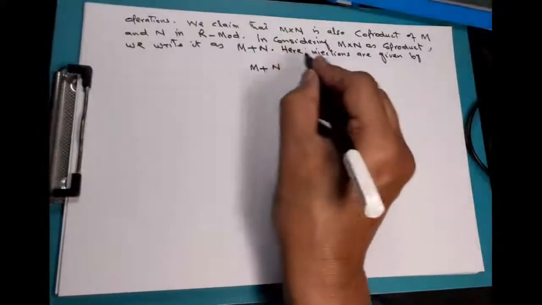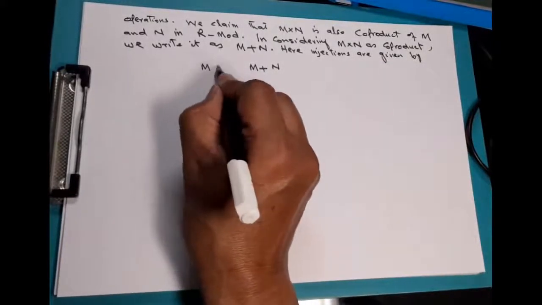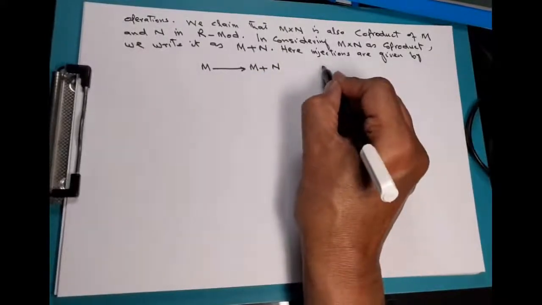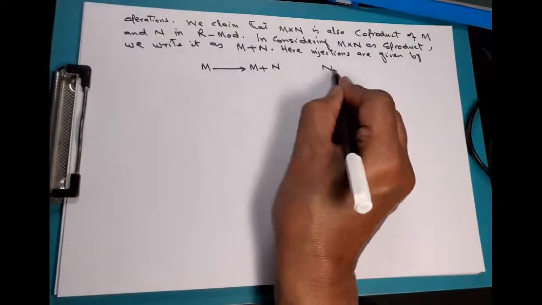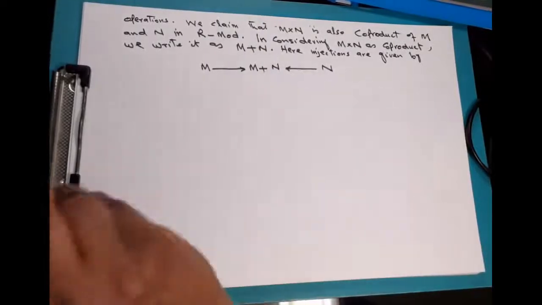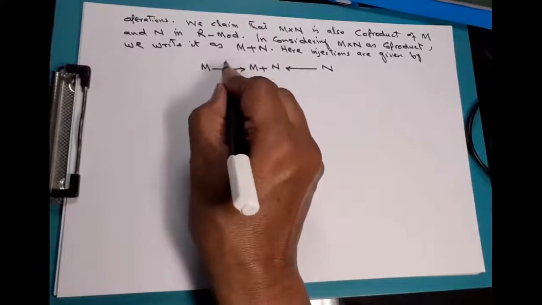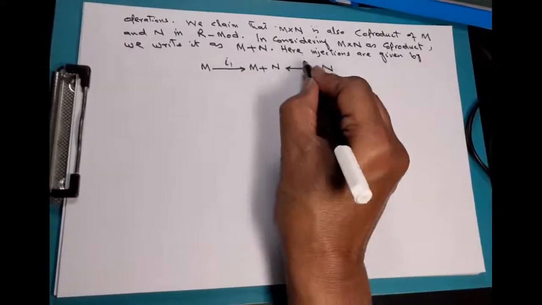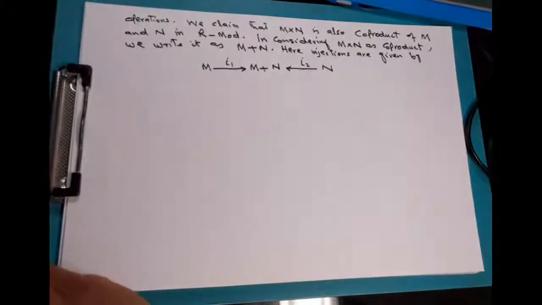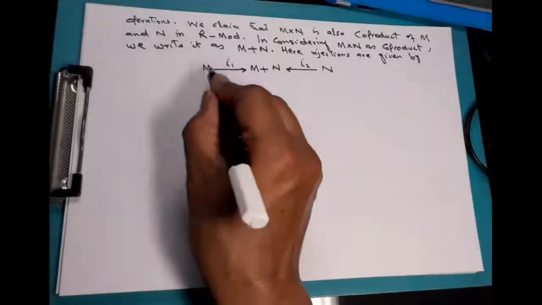So injections have to be from M to M plus N and from N to M plus N, as we have discussed in case of sets. So we are going to denote them by i1 and i2. So let's see how these injections are going to be defined.